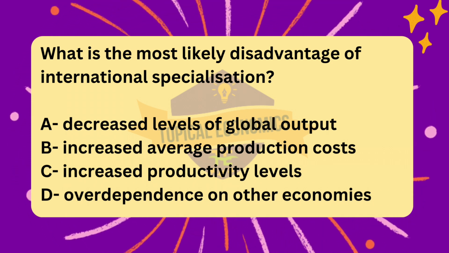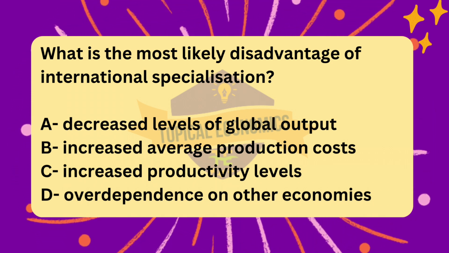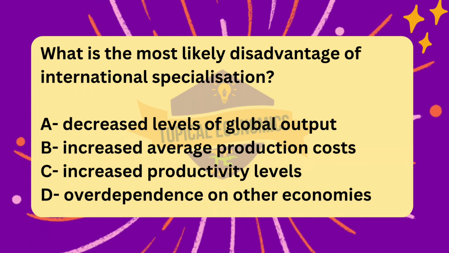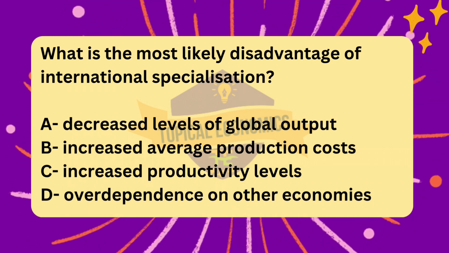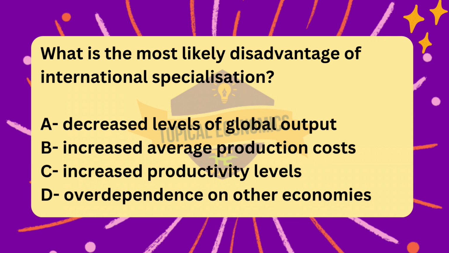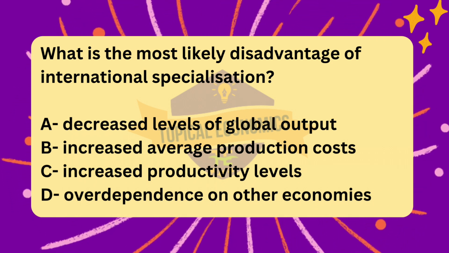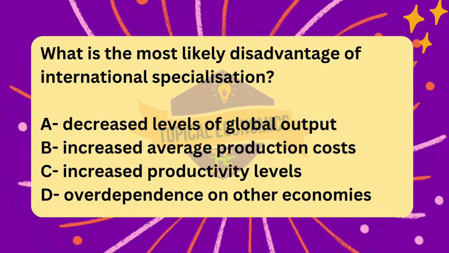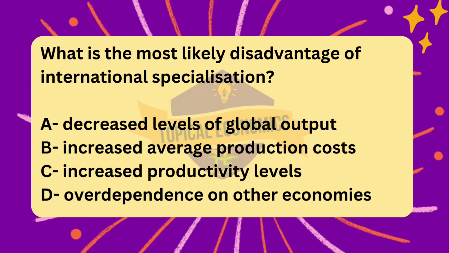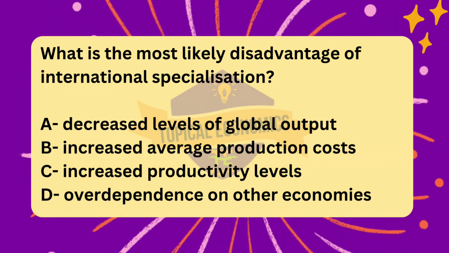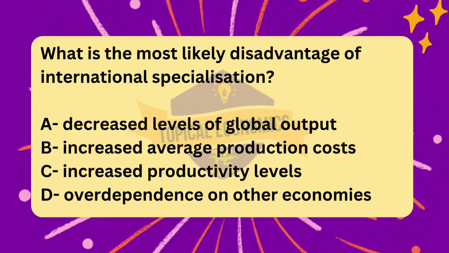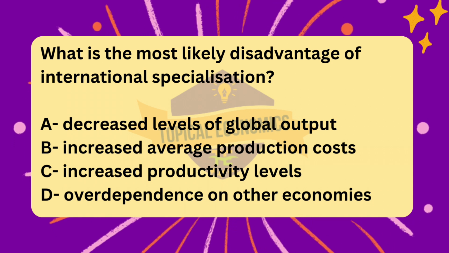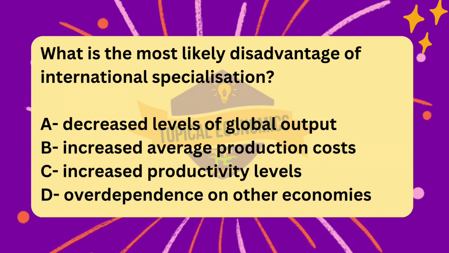While this boosts efficiency and productivity, it also means that they may need to rely heavily on other countries for products that they no longer produce domestically. This creates vulnerability if there are disruptions in global trade, e.g., trade wars, supply chain disruptions, or changes in demand. Such overdependence can expose a country to economic risks if the global trading system is unstable.